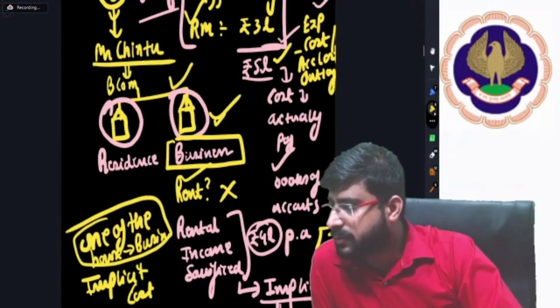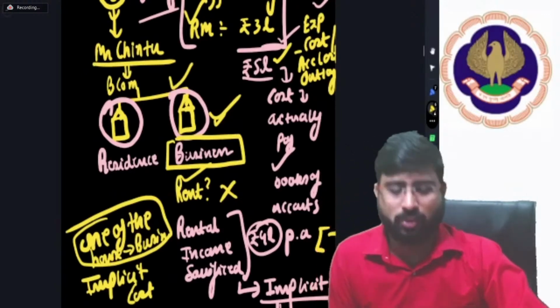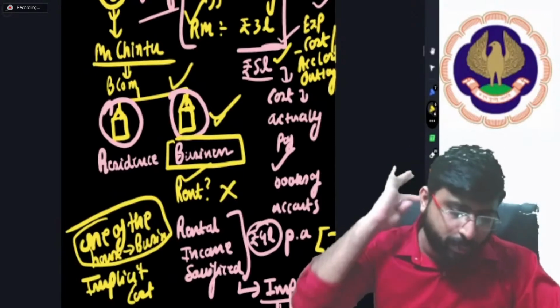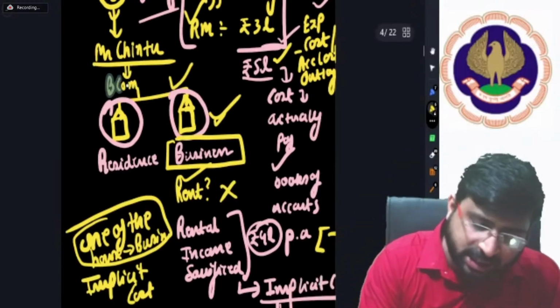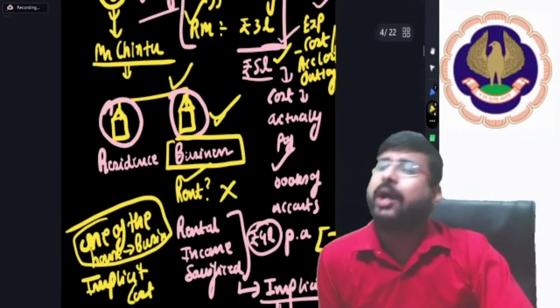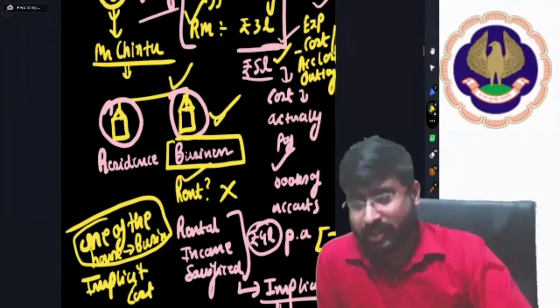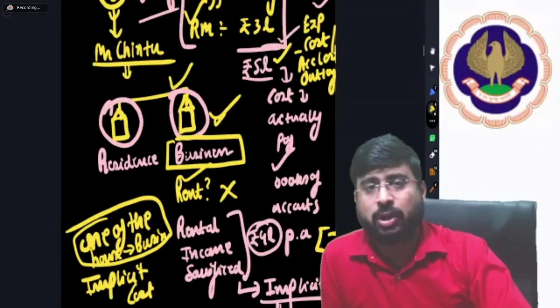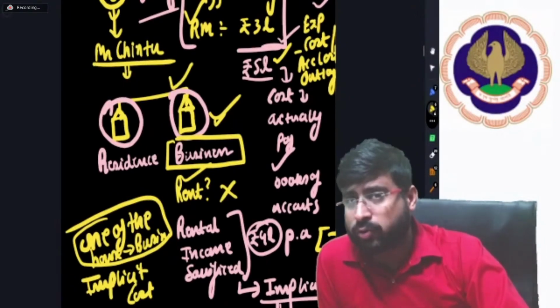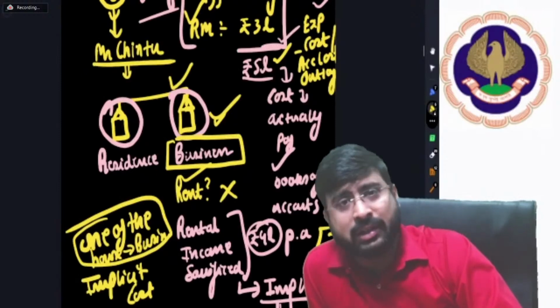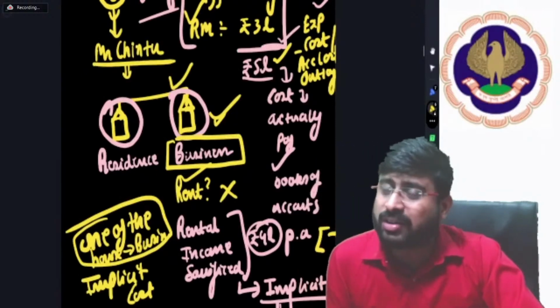Okay, sir. Understood, sir. So basically, what has happened is that there was this person, Mr. Chintu, who had two houses, residence and business. But the other house that he had, he used it for business. So if he would have not used that house for business, he could have given it on rent and could have earned rental income.